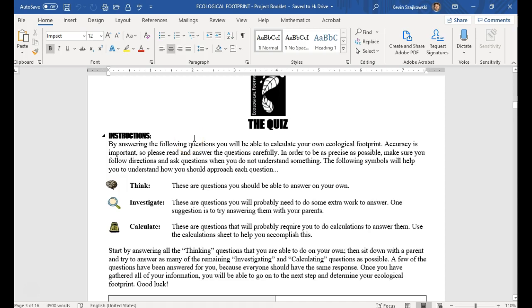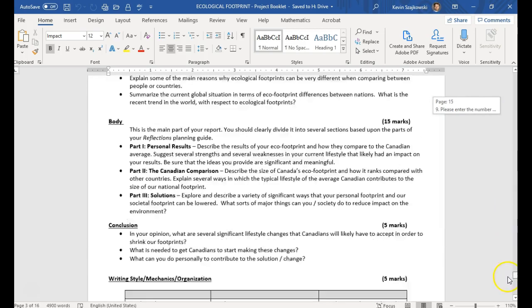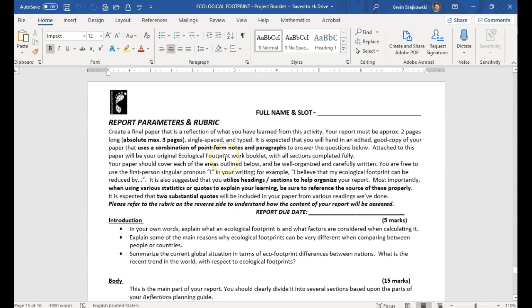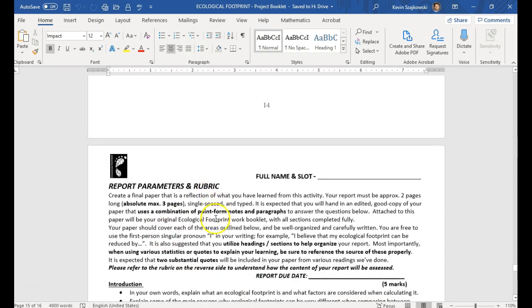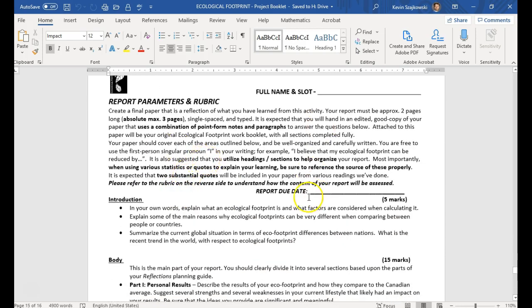And the details of that report and what I'm expecting are actually discussed in great detail in the back of this booklet. Okay, the parameters of the report, the rubric, the details of what I'll be asking you to do are here.